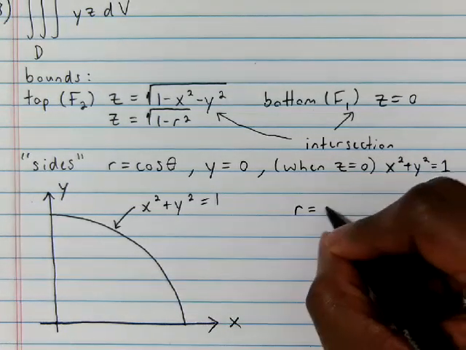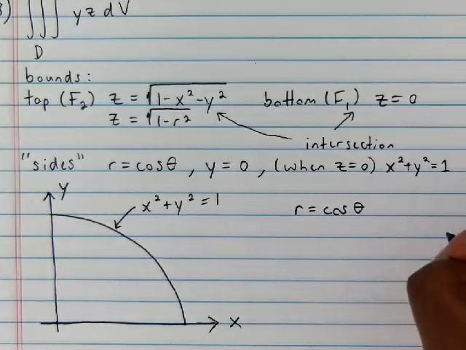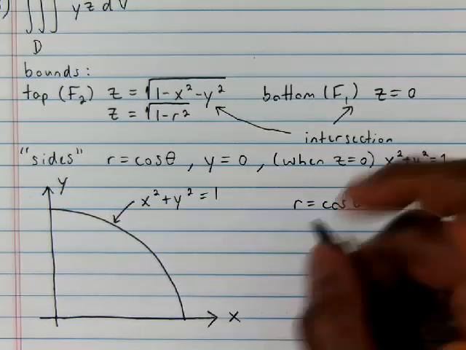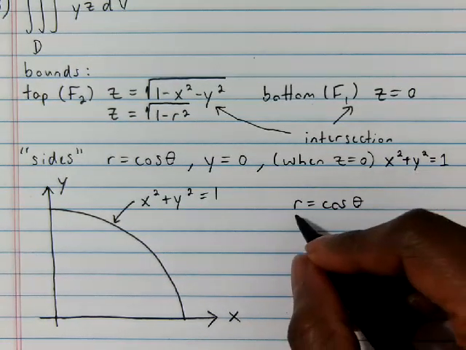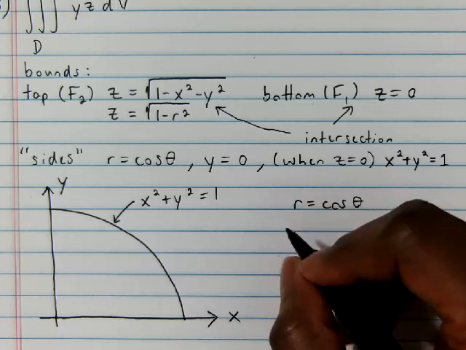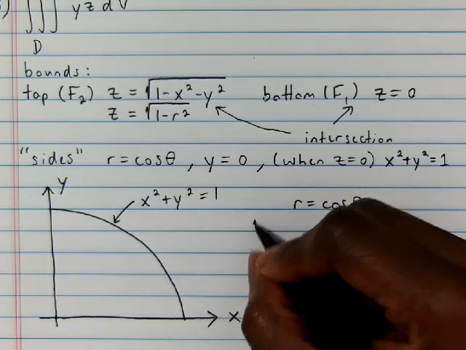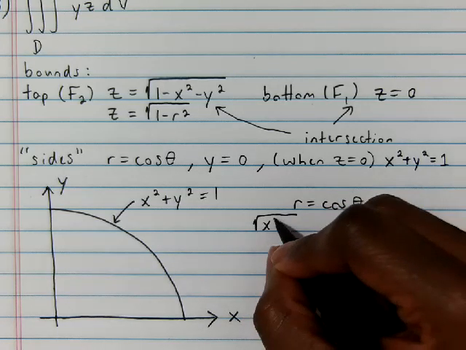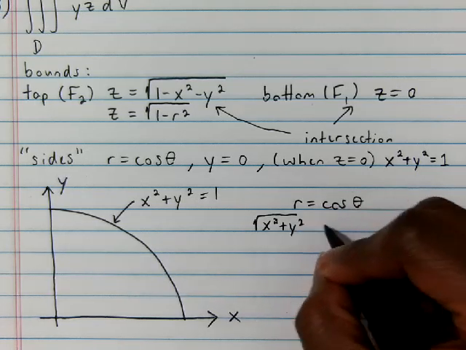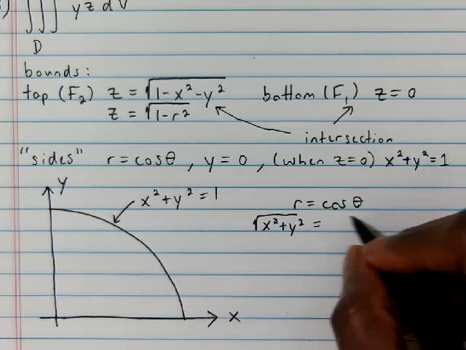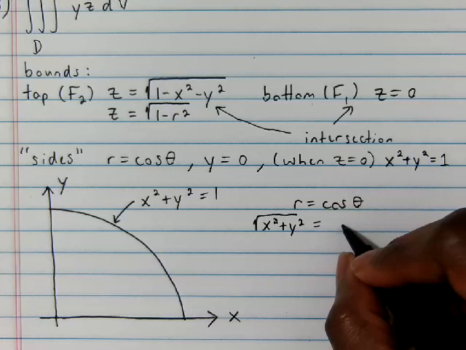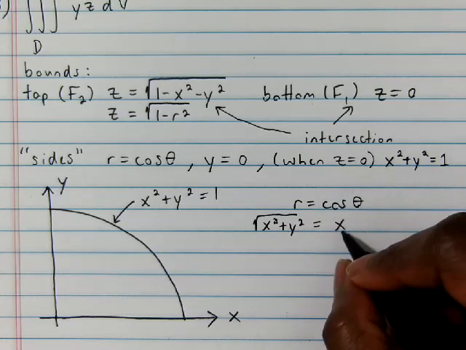So r equals cosine theta is in polar coordinates right now, or cylindrical coordinates, whichever way you want to look at it, but that may not be familiar to us. So we'll translate back to rectangular. r is the same as the square root of x squared plus y squared, equals cosine theta, which is the same as x over r, but r is the square root of x squared plus y squared.